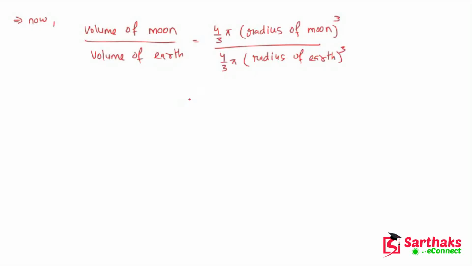Got it? So from this, 4 upon 3 pi and 4 upon 3 pi will be cancelled. So here we get radius of moon is what?